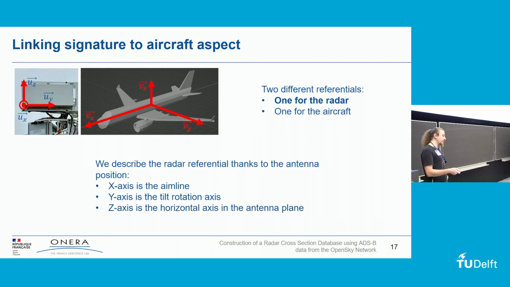So we need two referentials, one referential for the radar, one referential for the aircraft. For the radar, the referential we use is based on the antenna position. One vector is the aiming line of the radar, one is the tilt rotation axis, and the final one is the horizontal axis in the antenna plane, which also makes a direct referential.